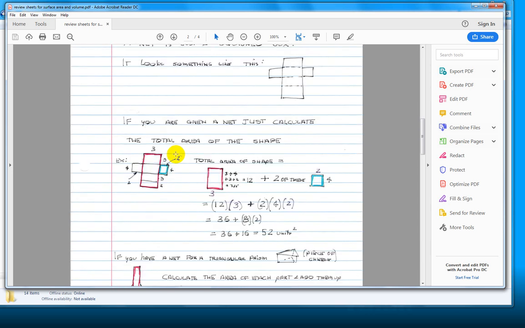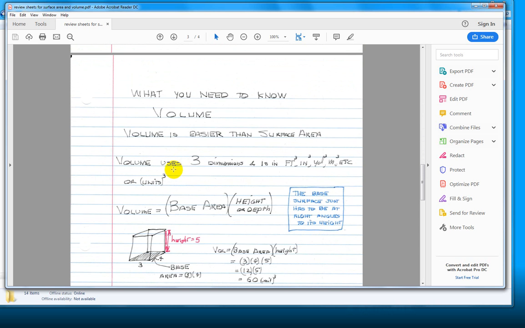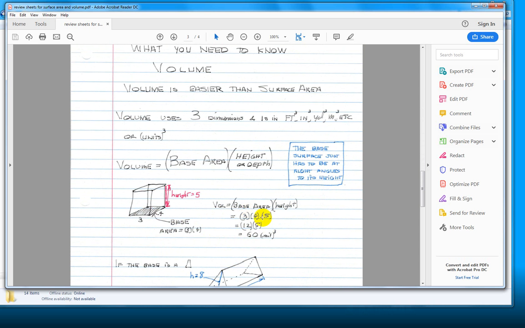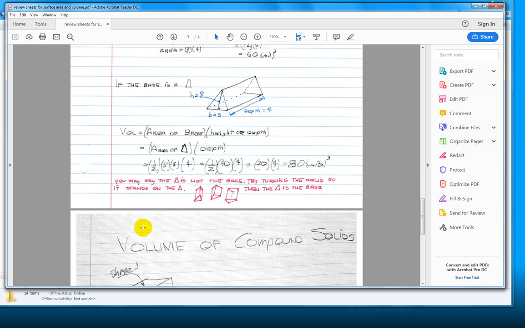And if you are so lucky to have a cube for the volume, that's really easy, because it's just the length times the width times the height, right? But in a cube, they're all the same. So if a cube had a side length of 3, then it would just be 3 times 3 times 3. So if it's a cube, they only have to give you 1 dimension. Okay, so that's the special case of the cube.